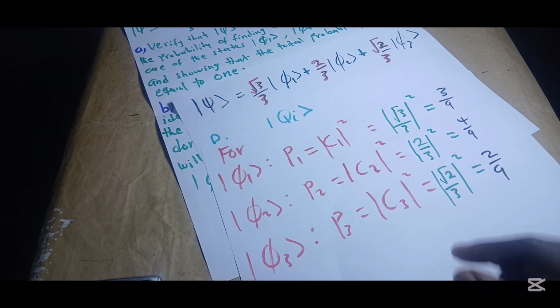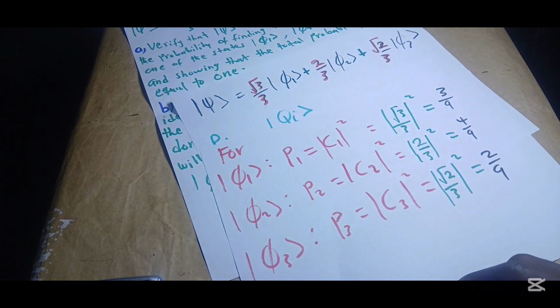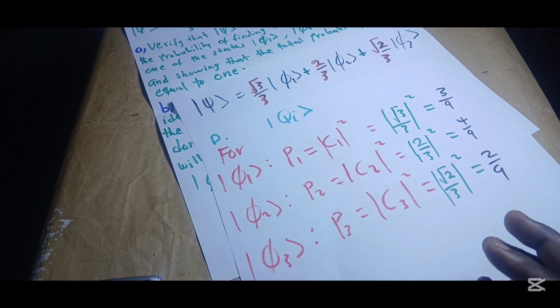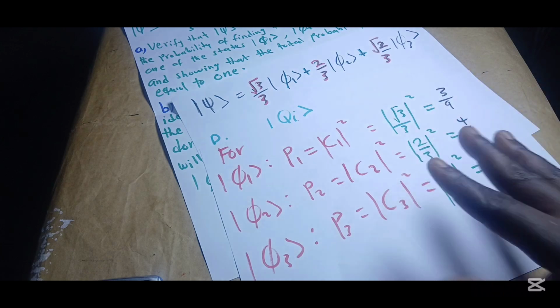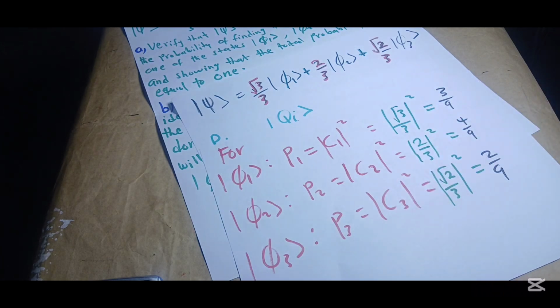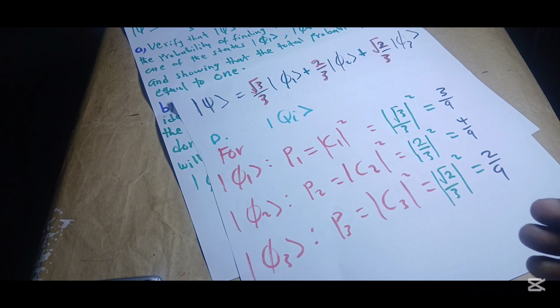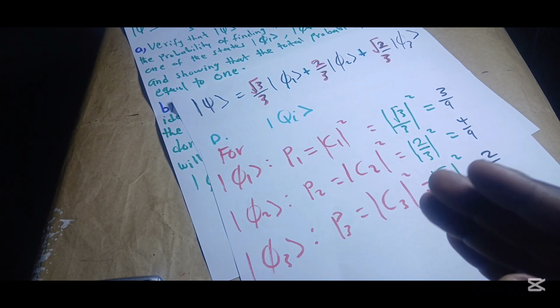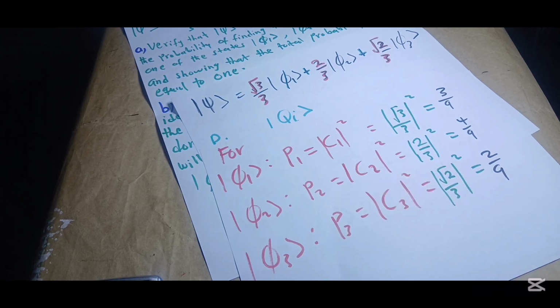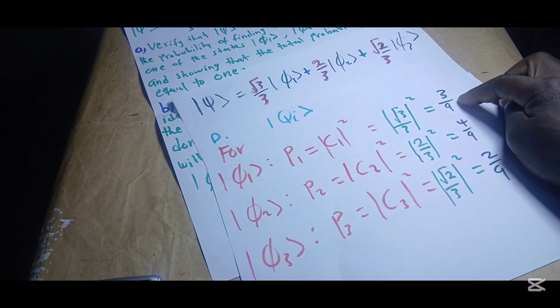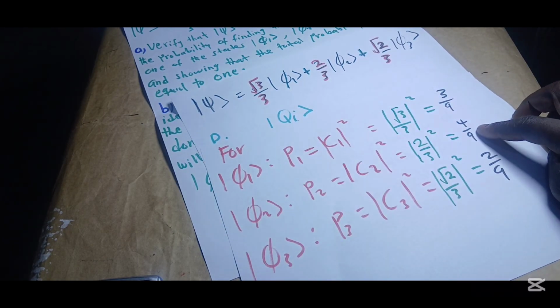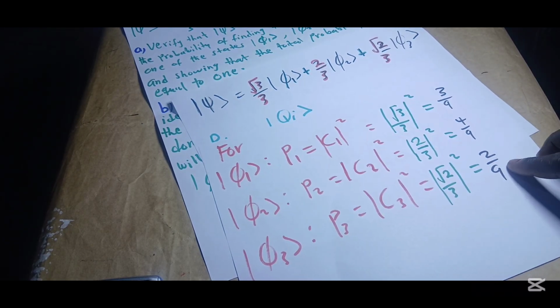Remember, for the system in state psi to be normalized, the absolute square of all the coefficients should give us 1. So all these are the probability contributions of phi 1, phi 2, and phi 3 respectively.